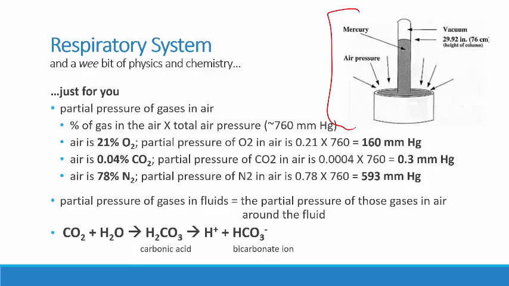You would take a cylinder of glass, make a vacuum in that cylinder of glass, and then rest it in a dish of mercury, and air pressure will push down on the mercury, causing the mercury to rise up into this vacuum tube. The height of the column then tells us how much air pressure there is.